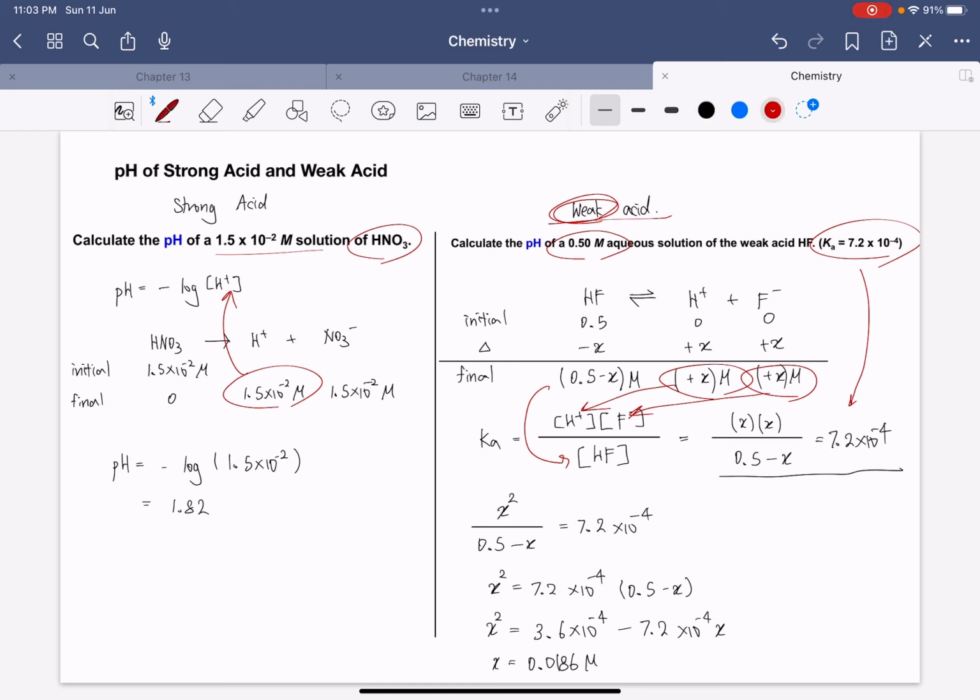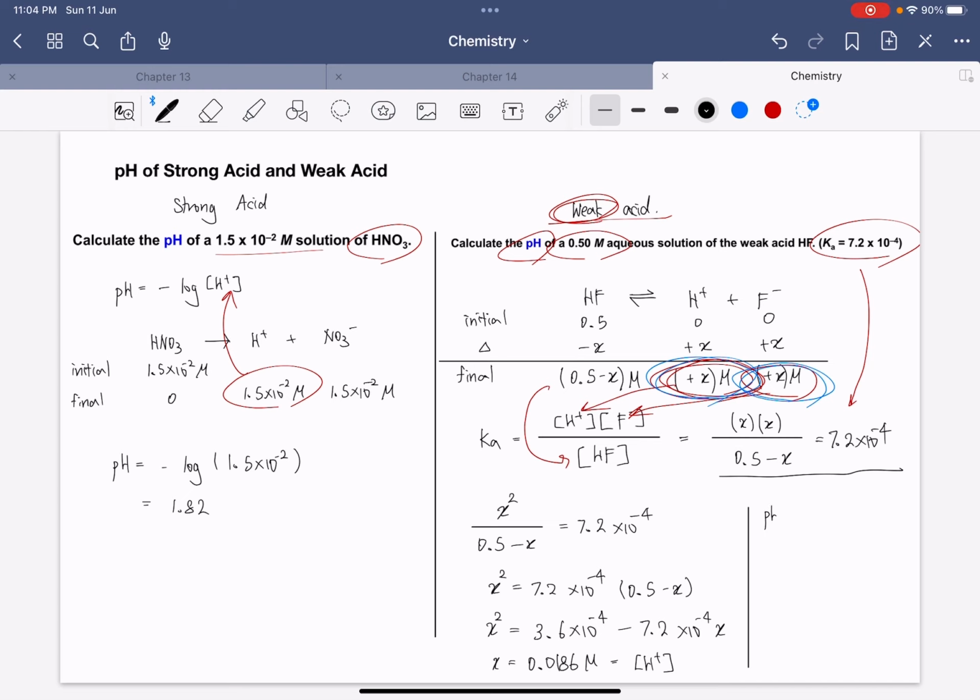But remember, our x is equal to the concentration of the hydrogen ion, which is also equal to the F minus ion. So I'm just going to write it down. This is equal to the concentration of H plus ion. But our goal is to calculate the pH. Remember that. So how do you calculate the pH using the concentration of hydrogen ion?